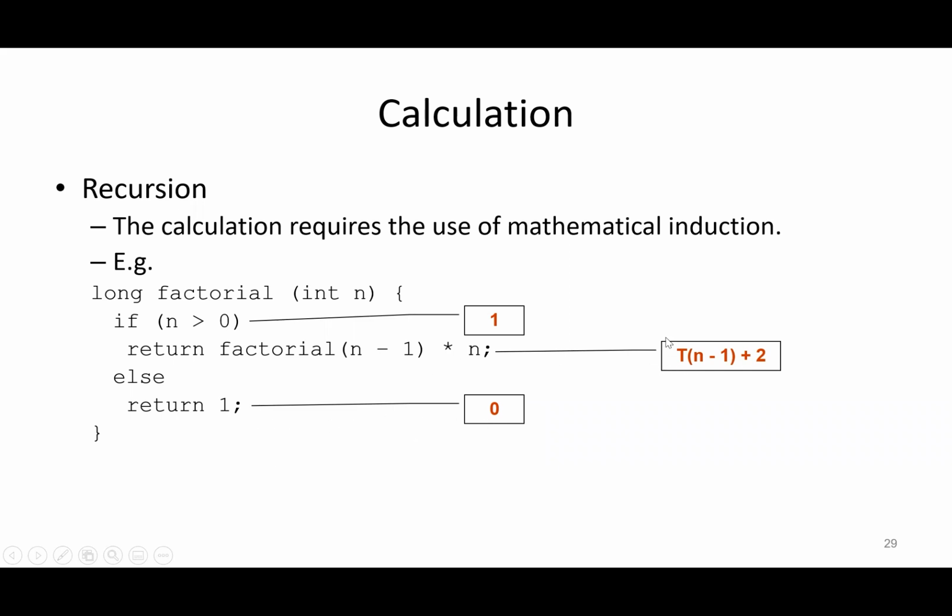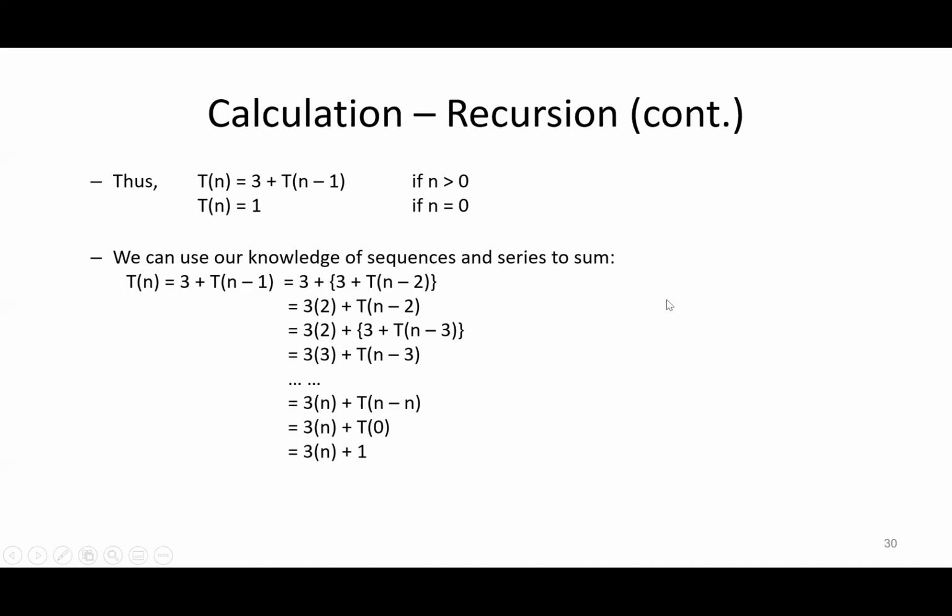So, okay, now we need to determine what is this T(n minus 1). Then only I can come up with my time complexity, right? And then based on the factorial formula, I know that if my n is 0, when I pass into the factorial, the time complexity is only 1. Why?